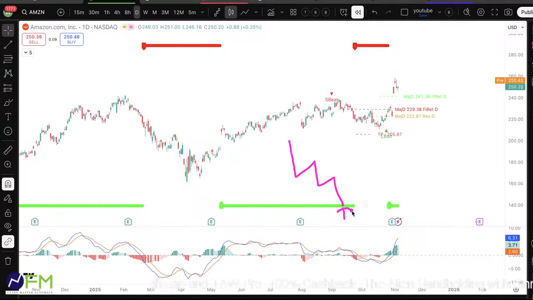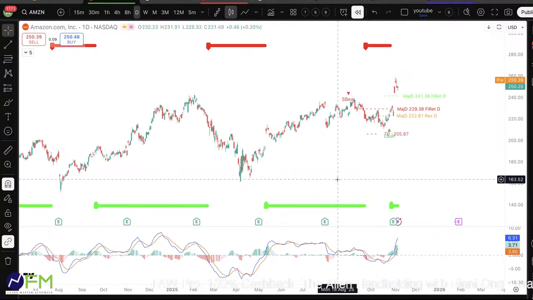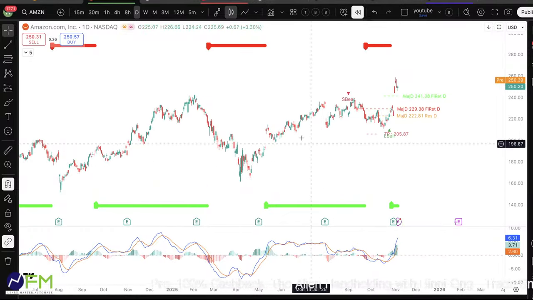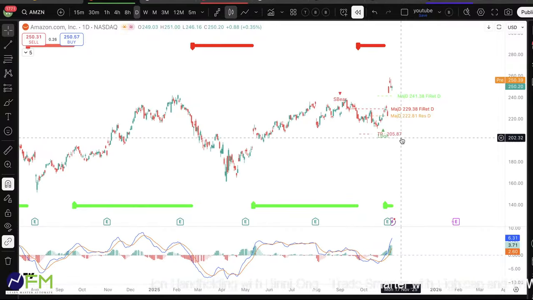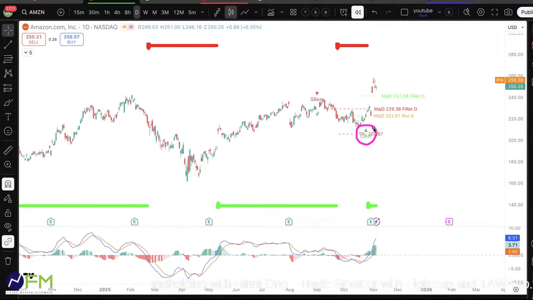TAT can also point to those, but what I like is to look for TAT after a base. This is what I call a base. After it happened, I'll be looking for TAT here.